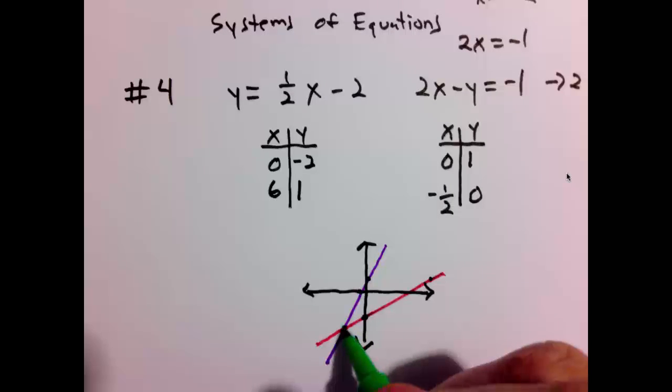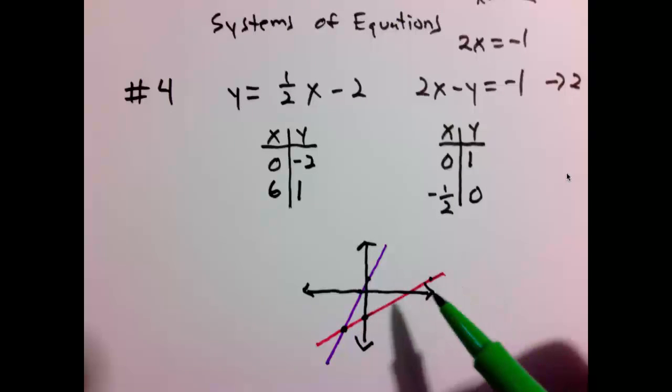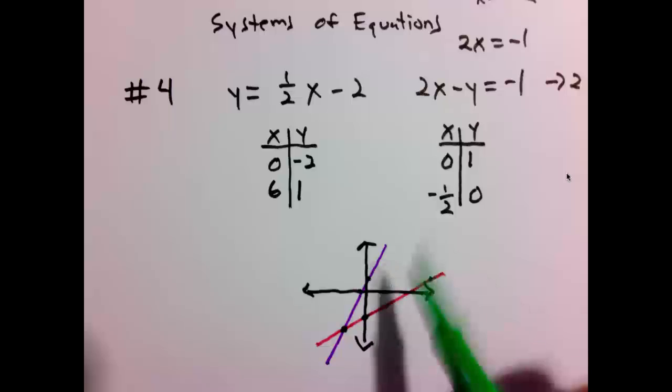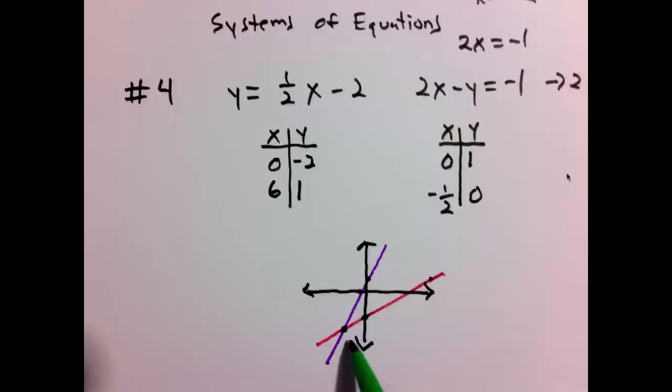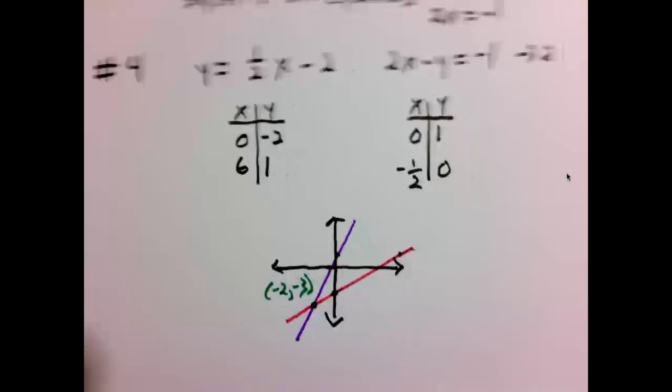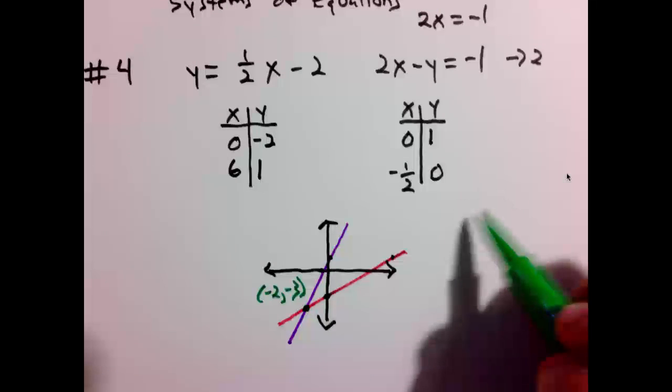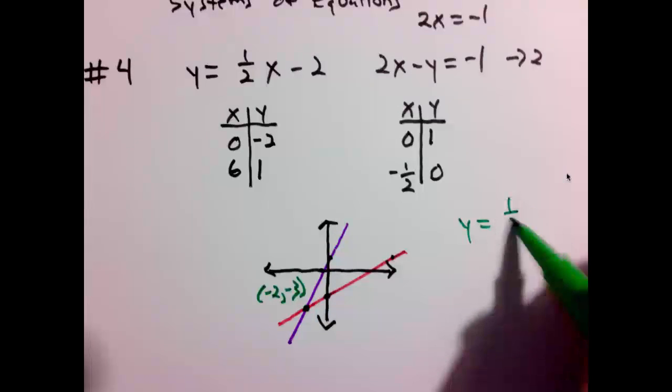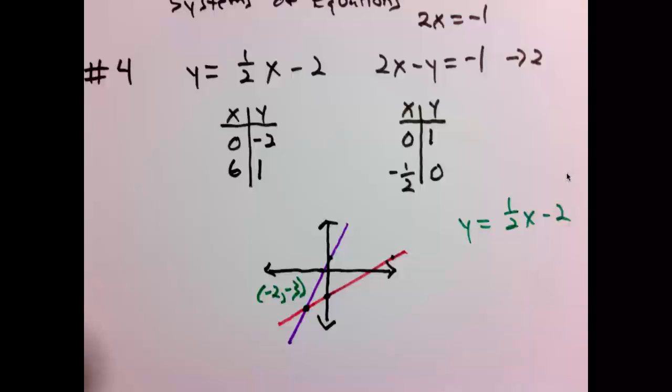If we had grid paper, we would be able to see the point a little more precisely, but it turns out that this point is -2, -3. This point satisfies both of these equations, and I will demonstrate that now. We have the equation y equals 1/2 x minus 2.